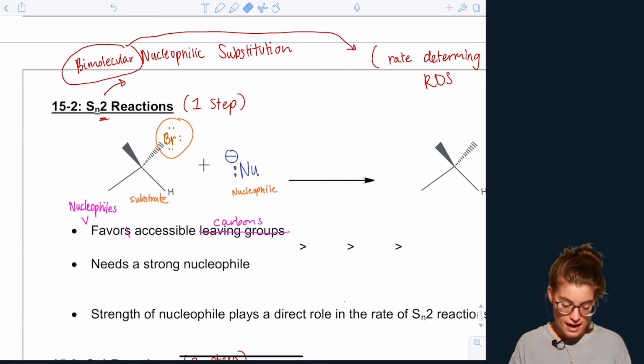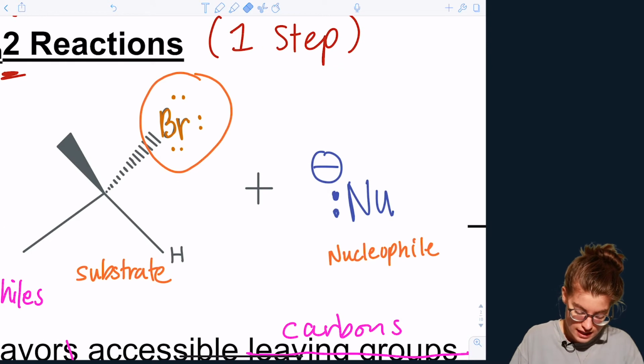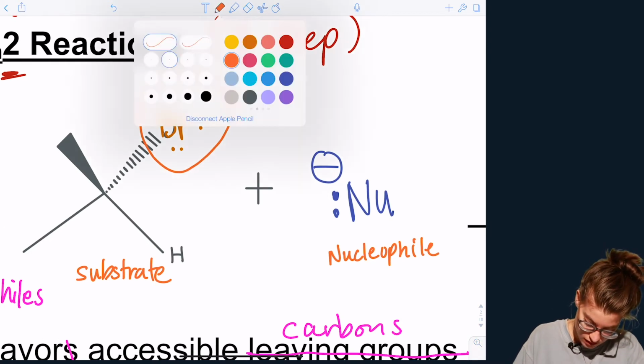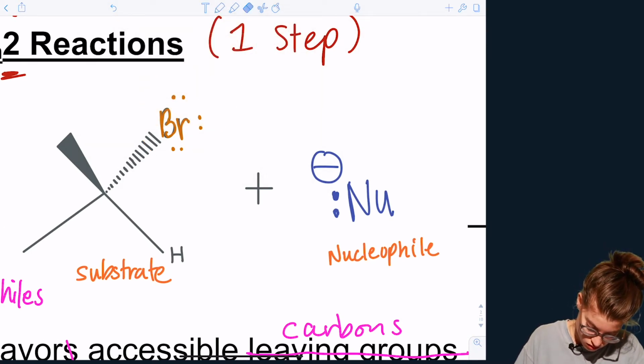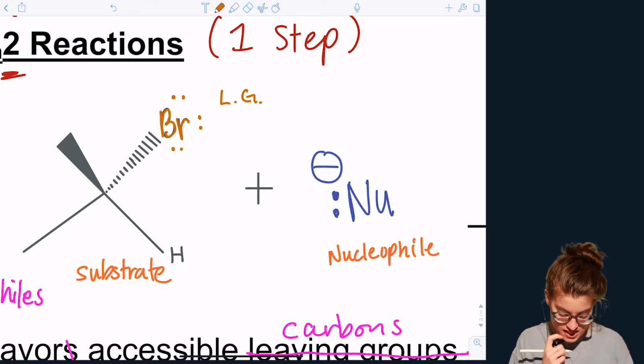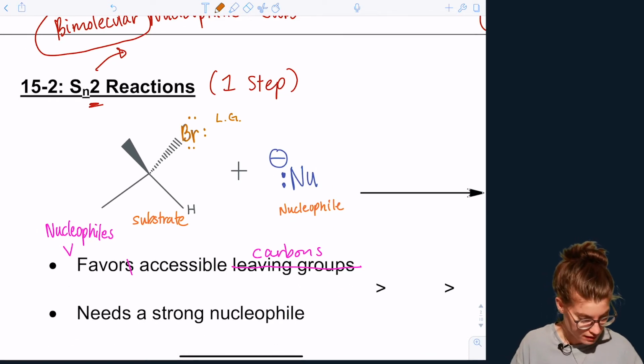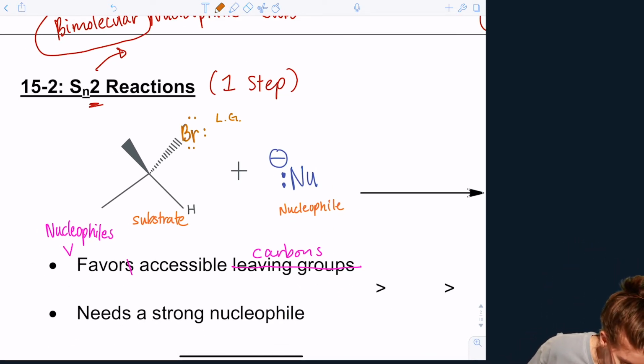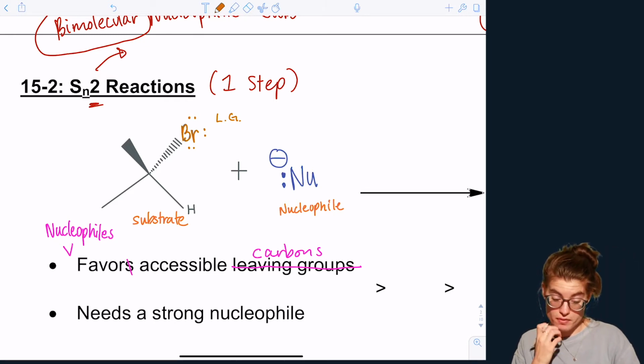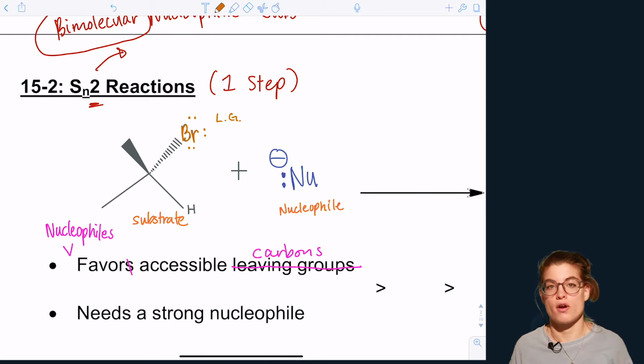Okay, so this is called a leaving group. We got that now, okay? So let me just write leaving group. That's how I'm going to write that. What else do I need to talk about here? Okay, so our leaving group is somewhat electron withdrawing, okay?